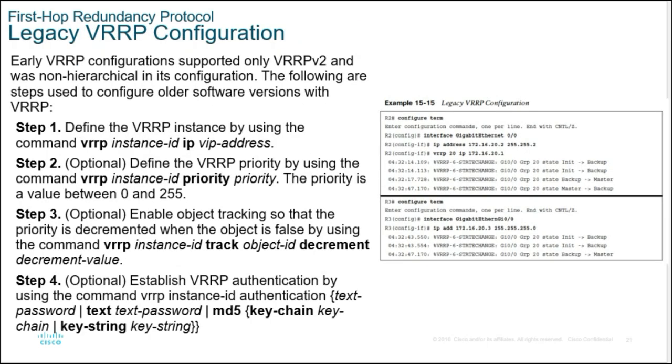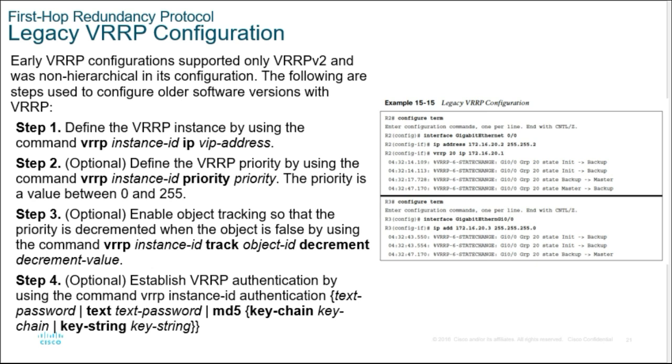This is an example of a legacy VRRP configuration. It's quite similar to HSRP, where you have the keyword vrrp instead of standby. The group ID in this example is 20, and then the virtual IP address is 172.16.20.1. You can also configure the priority by using the keyword priority.